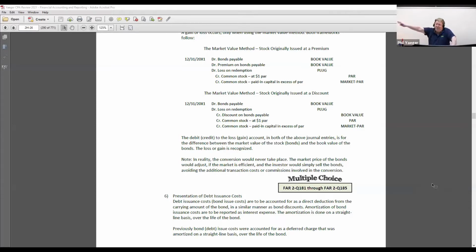You're not going to convert them to common stock. You just sell those lower interest rate bonds and buy higher interest rate bonds. That's actually a conversion, but it's just a conversion of one bond to a better bond with a higher rate of interest. Now that's more theory. They just want you to know how you do this. That's the key thing.